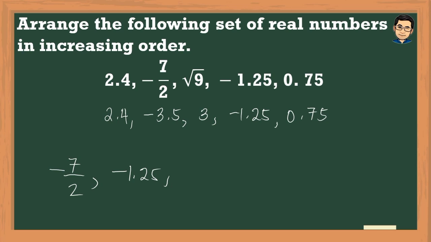So, yung pinakamababa sa tatlo na yan is 0.75 or 75 hundredths. And then, yung 2.4. And then, last one is yung square root of 9. So, ayan, naka-arrange na po yung ating set of real numbers in increasing order.